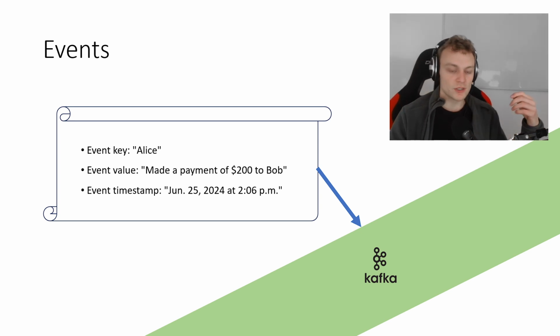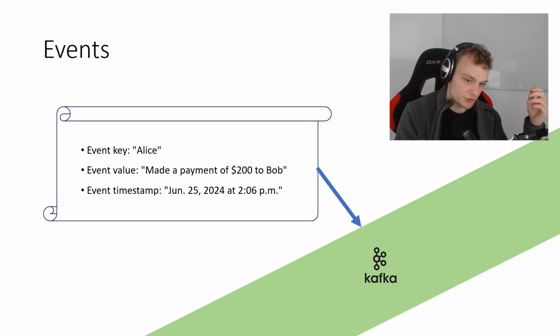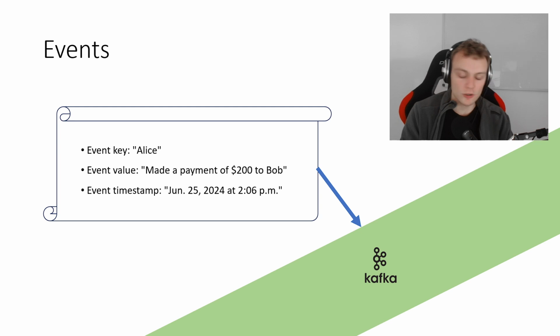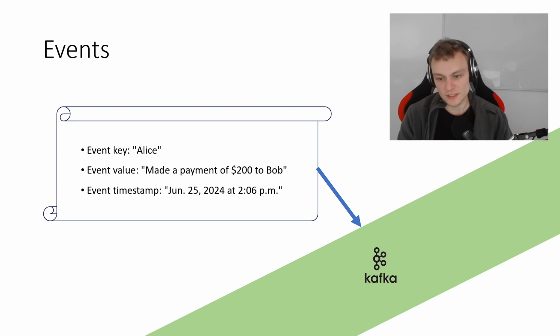Now, this event could be partitioned by the key, and then there would be a partition for every user or every name, or you could use the first letter of the key or whatever. It's very arbitrary. That can be decided by the producers.